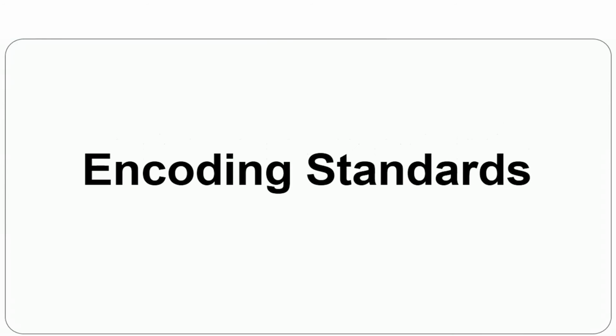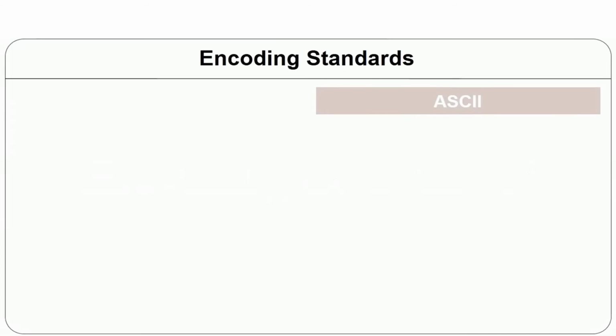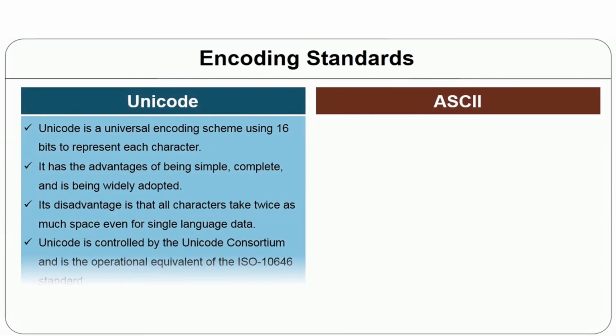And now we have some of the encoding standards. We have seen the bibliography standards. Now quickly let us see encoding standards. The common standard is ASCII, and then you have Unicode. Unicode means every character in the world has a Unicode.